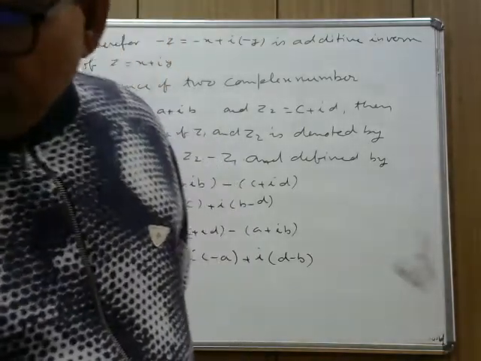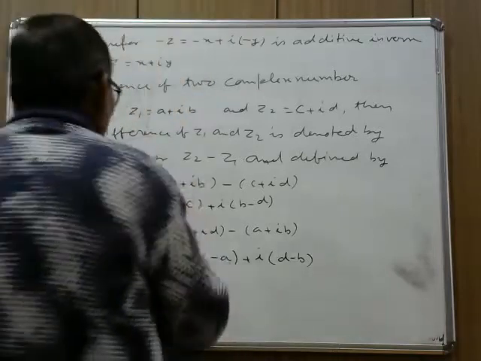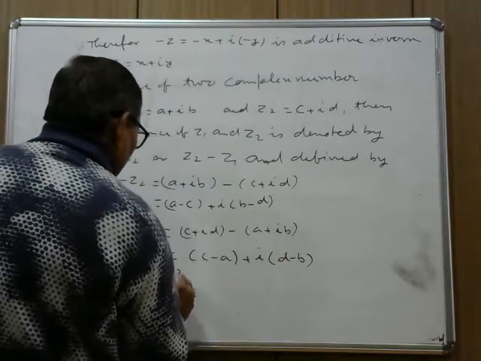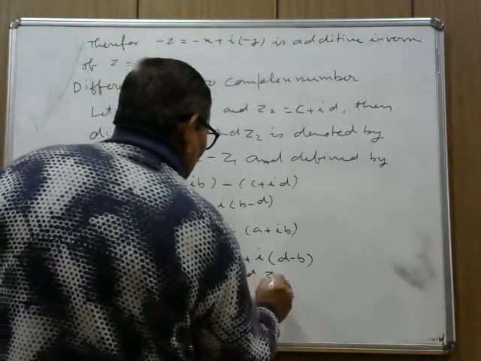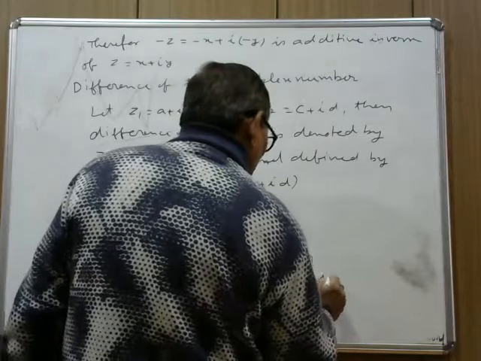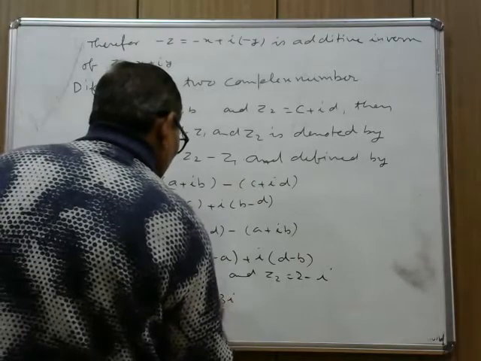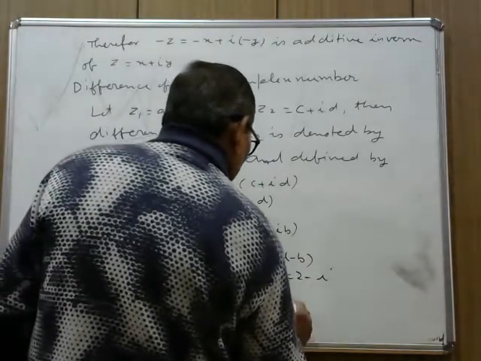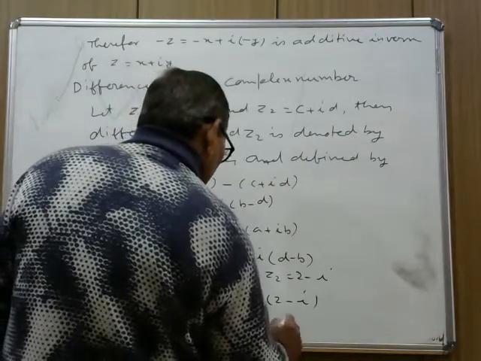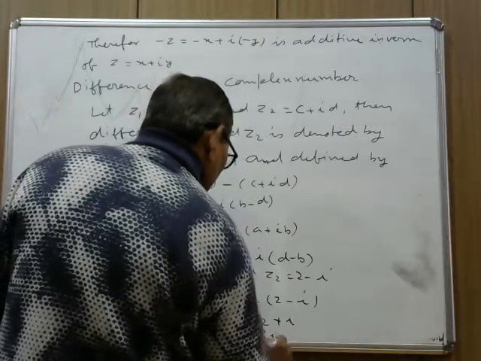Now for example, if Z1 equal to 6 plus 3i and Z2 equal to 2 minus i, in this case your Z1 minus Z2 can be written as 6 plus 3i minus 2 minus i, open the bracket, 6 plus 3i minus 2 plus i, that is equal to 6 minus 2 plus 3i plus i.